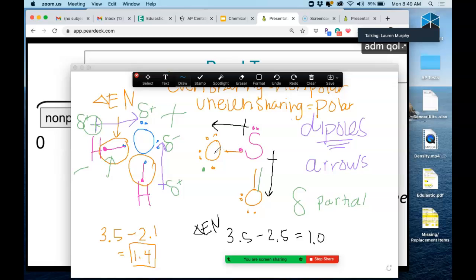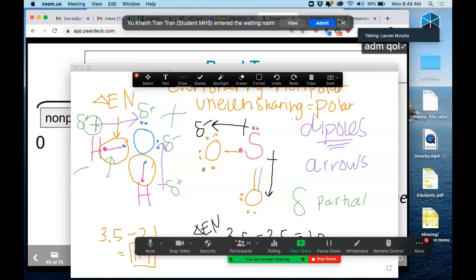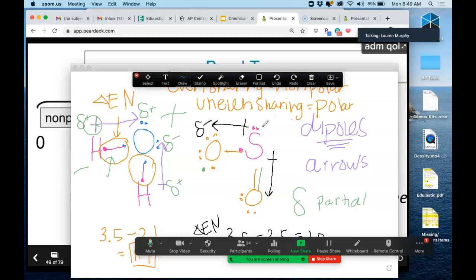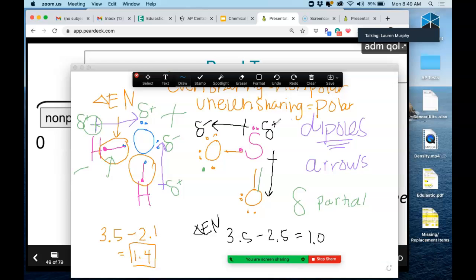Now, electrons are negatively charged. So if more electrons are living closer to the oxygen, this end of my dipole becomes slightly negative because that's where I'm finding more of the electrons, and this end becomes slightly positive. Again, this end is slightly positive while the electrons are being yanked down, and this end is slightly negative.